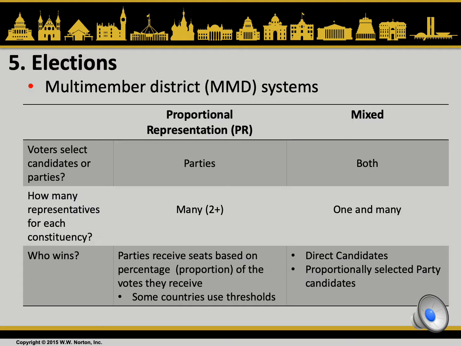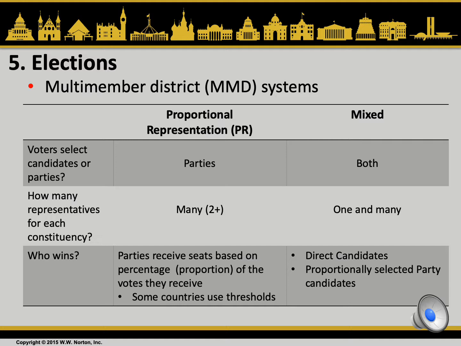Many countries employ what is known as a multi-member district system, which means that a given district can have multiple representatives elected. The number of seats is represented by, in the proportional representation mode, the number of parties that achieve a basic threshold of the popular vote.